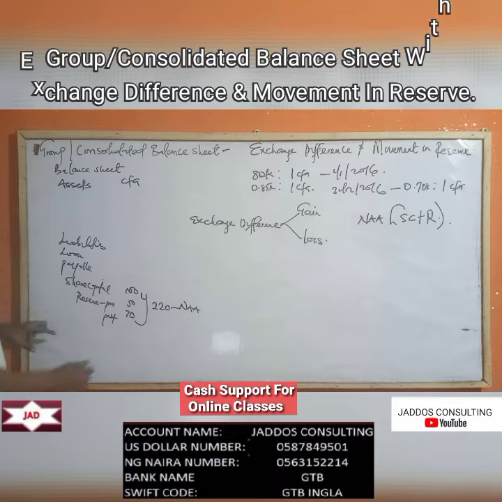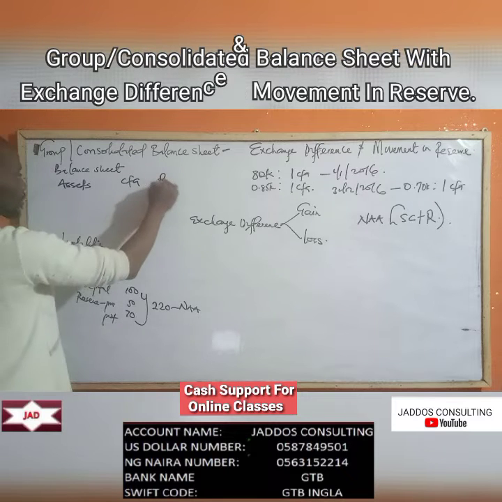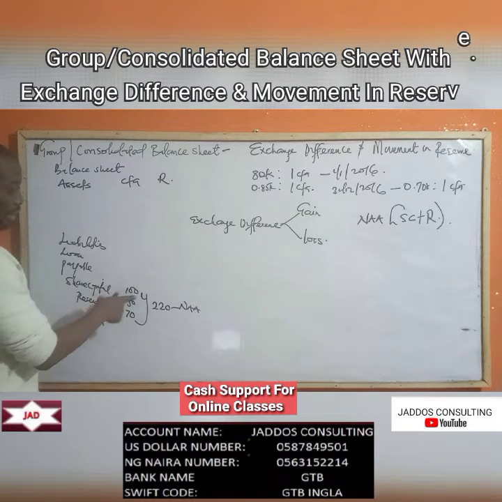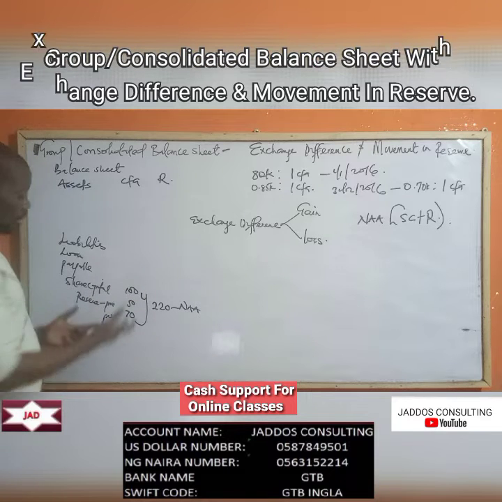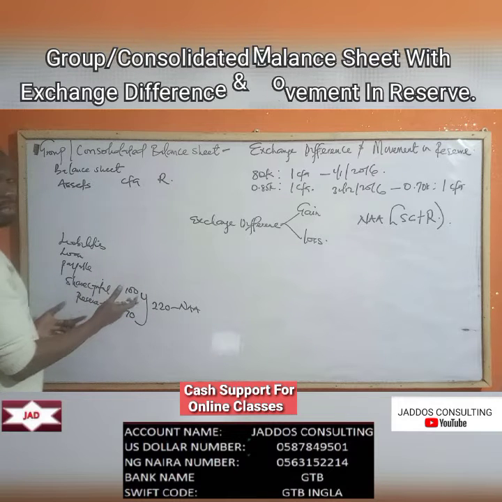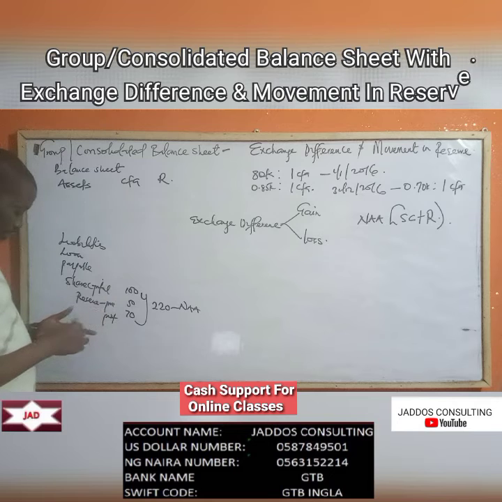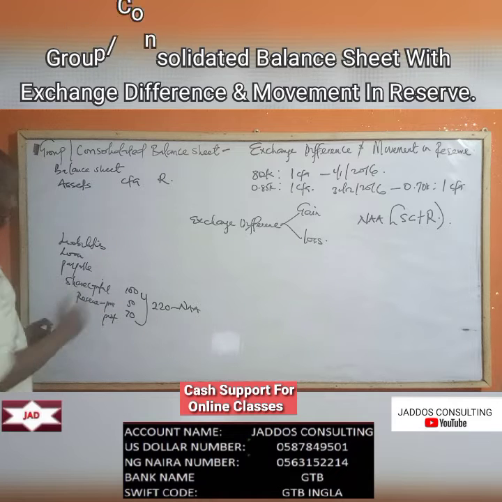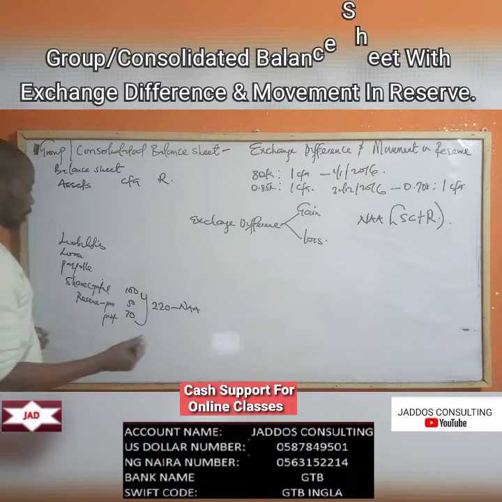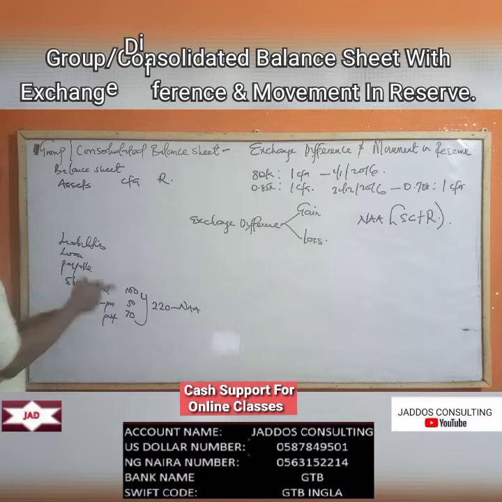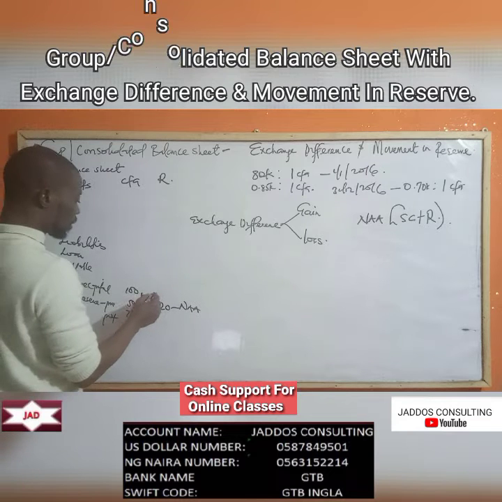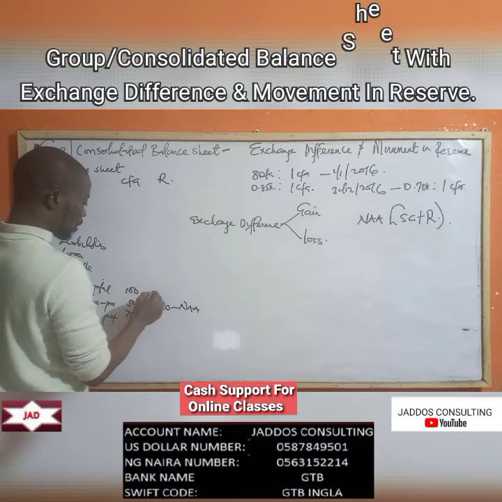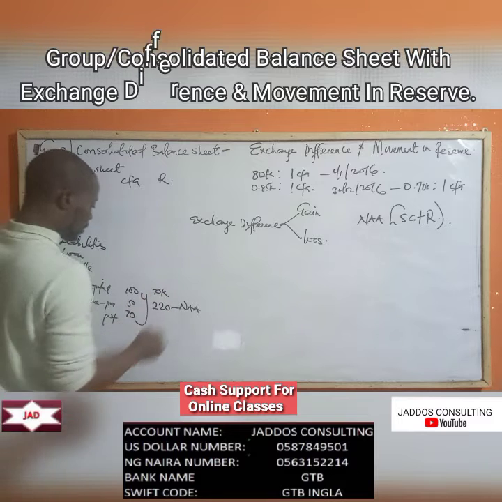Now, by the time you're translating, of course, we have a rate. For closing rates we use the closing rate, but we use the rate at the date of acquisition for share capital and reserve. So let's say the rate as at date of acquisition for share capital is 70 kobo.